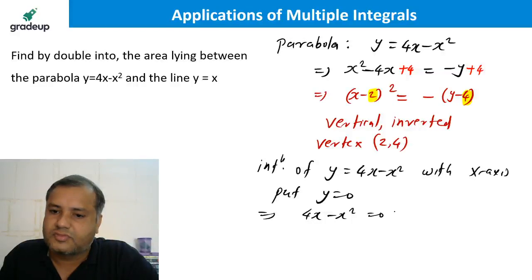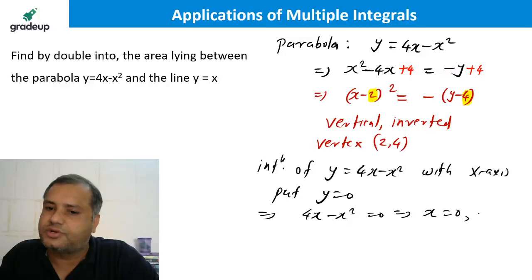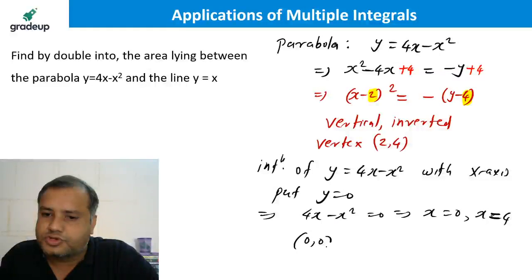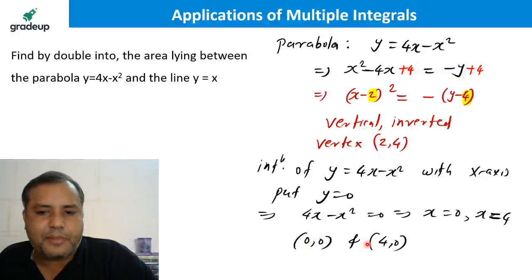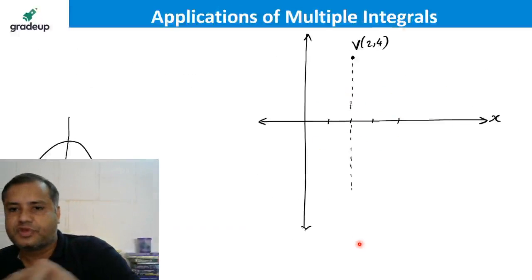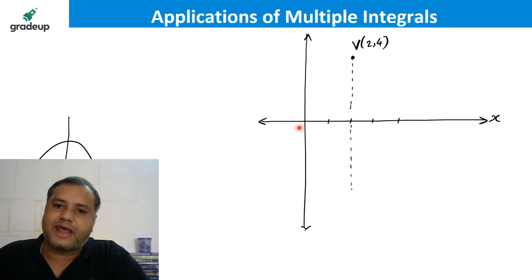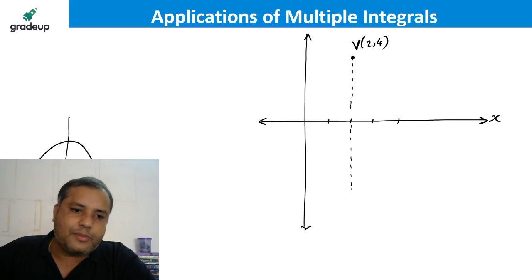So one value will be 0, another value will be 4. On the x-axis, the y coordinate is already 0. So one point is 0, 0, another point is 4, 0. So these are the 2 points where my parabola is cutting the x-axis. So I am sure that my parabola is passing through the origin.